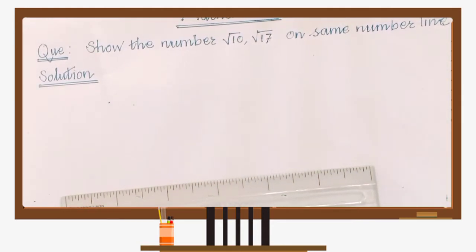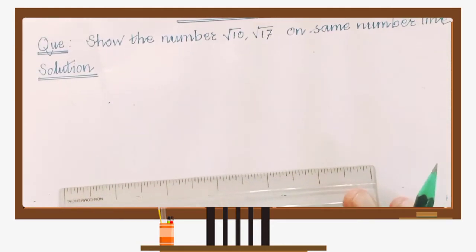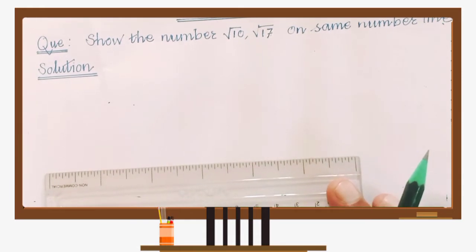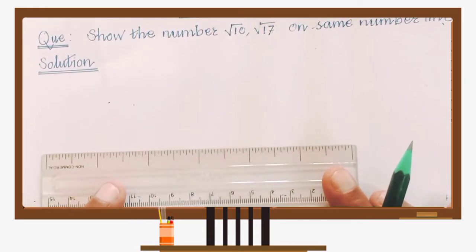So you draw a line at first. यहाँ एक लाइन निकालना है. We are drawing a line here.